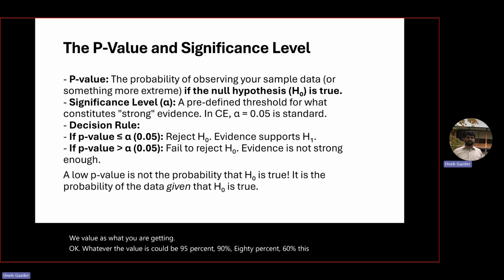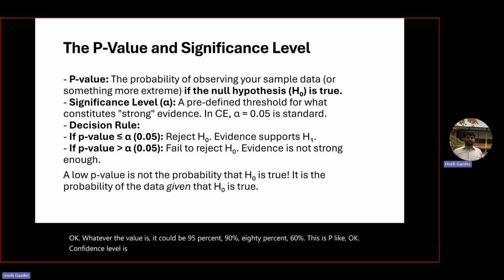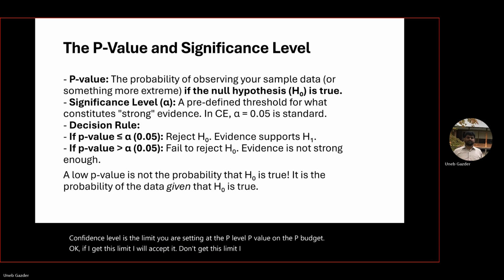Confidence level is the limit you are setting on the p value. If I get this limit, I will accept it. If I don't get this limit, I will reject it. Clear?